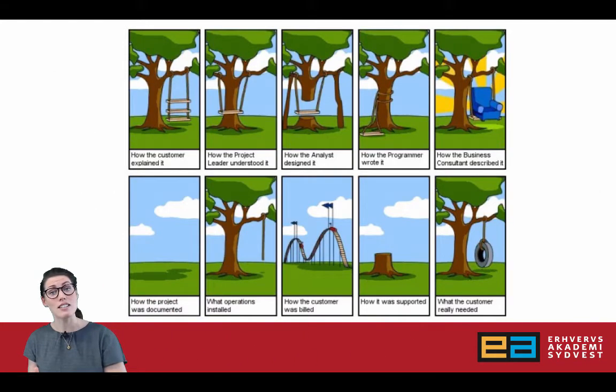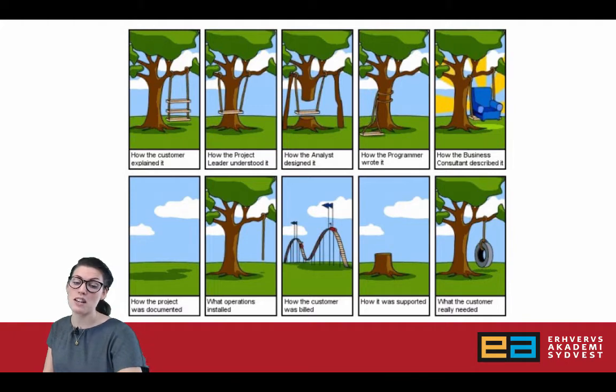So for instance, take this picture here. We have 10 different pictures. Just reflect for 5 seconds on what those 10 pictures are telling you. So we have 10 pictures here.